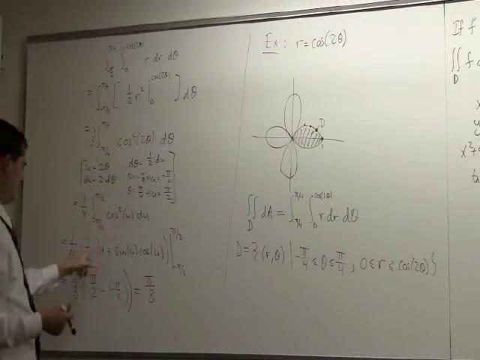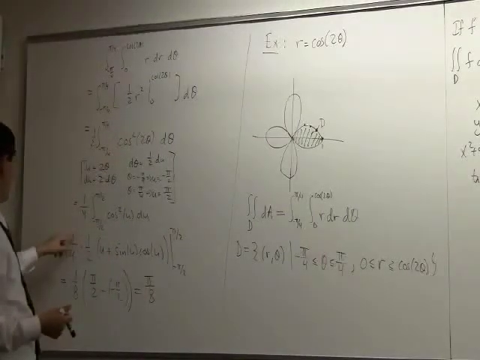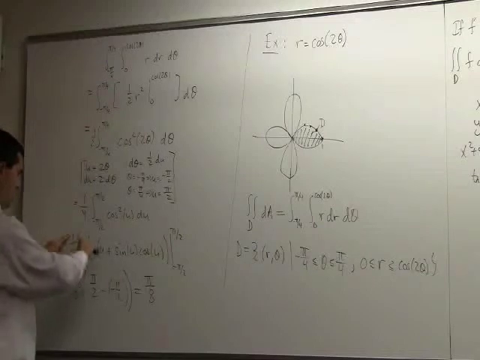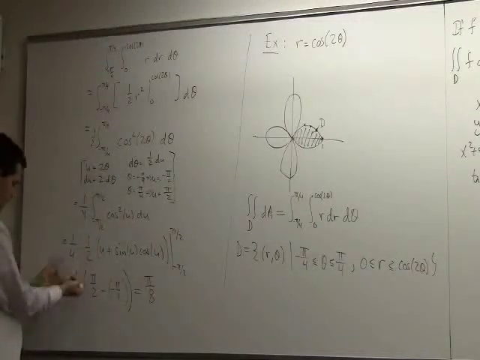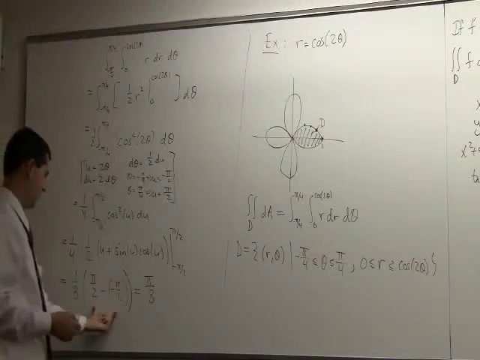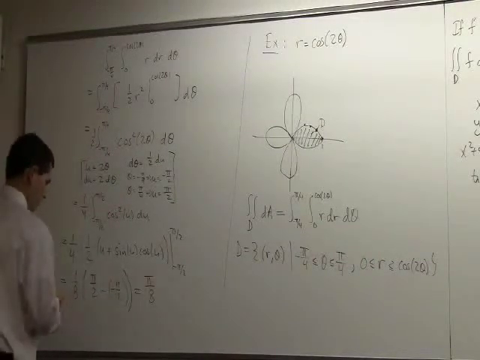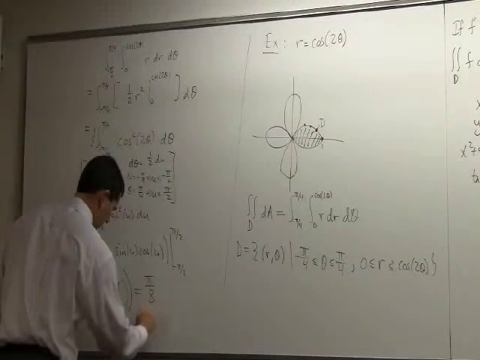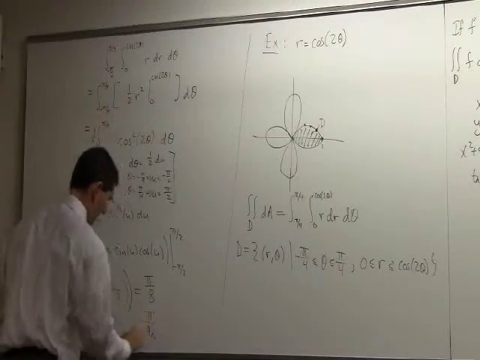And once you get to here, the integral is the same. So it would be 1 over 2n, and so 1 over 4n, basically. And then this is going to be the same every time, pi. So it would actually be pi over 4n.